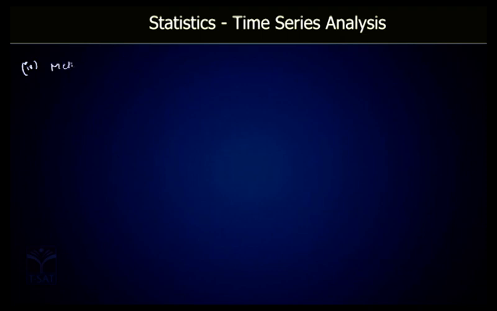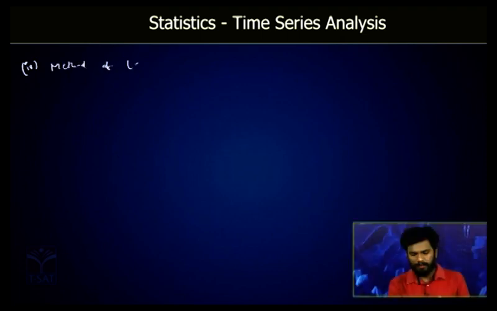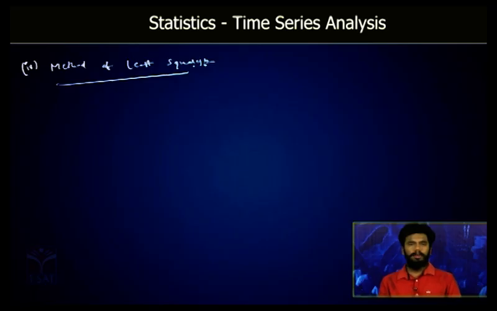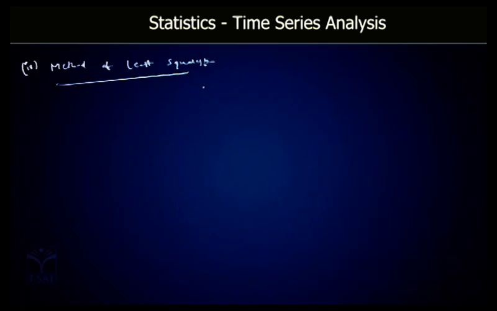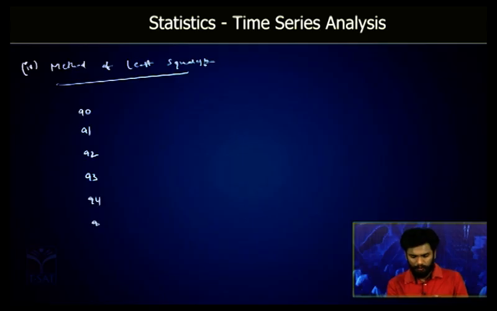Next, method of least squares. Method of least squares. So let us consider the data points 90, 91, 92, 93, 94, 95 and 96.